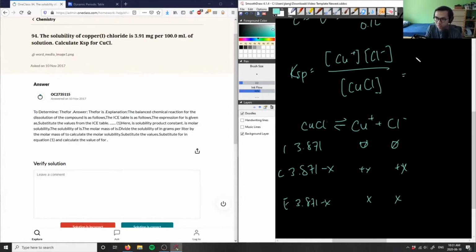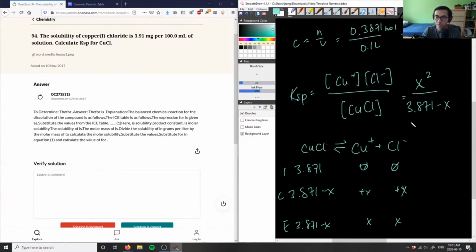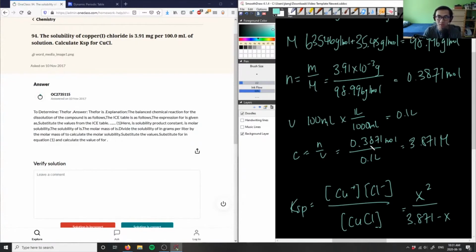So this is simply just x squared divided by 3.871 minus x. And this here would give us the value for KSP if we knew the concentrations of Cu and Cl minus here.